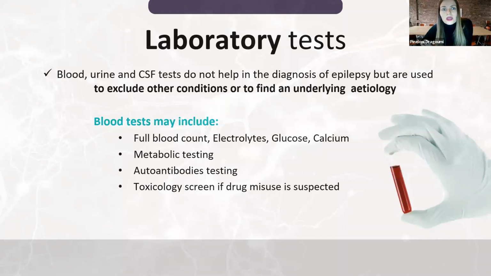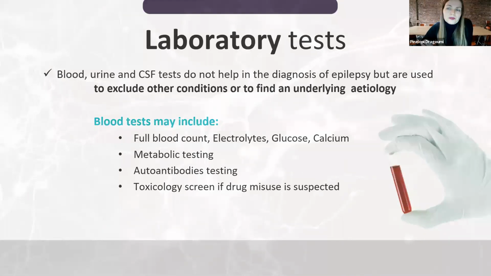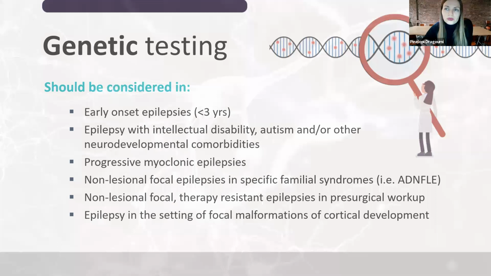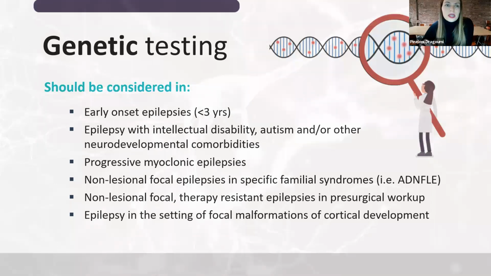And there is a very, very big role for genetic testing nowadays, especially in those difficult to treat or familial cases. So now we need to think about and provide genetic testing for early epilepsies with other neurodevelopmental comorbidities.